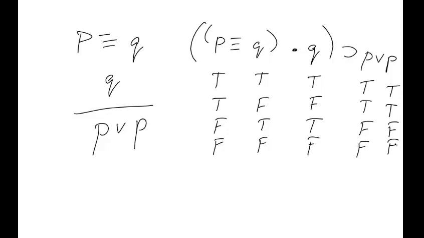Okay, so let's start with the least important operator. The most important, the main logical operator, is right here, as you know. Let's go over here and do this one. P or P is true when P, TTFF.